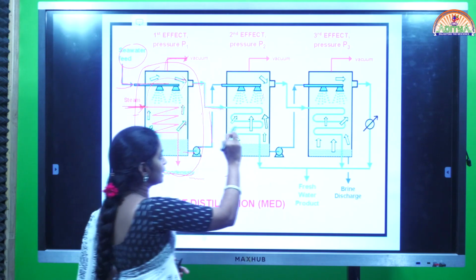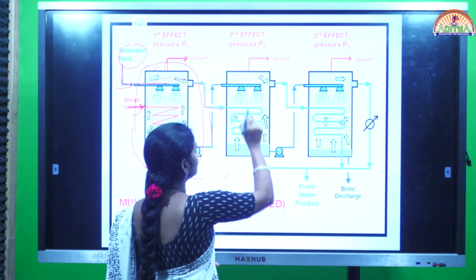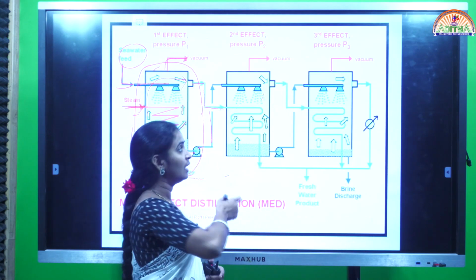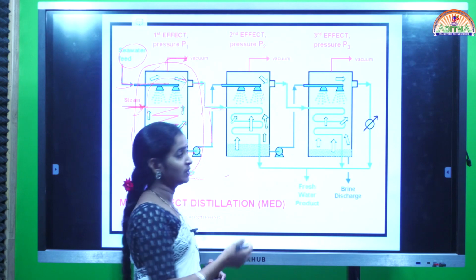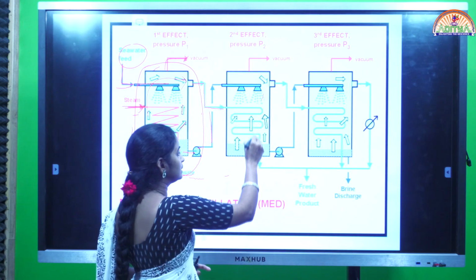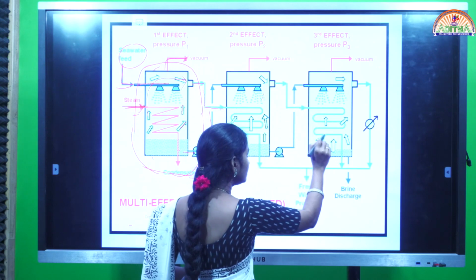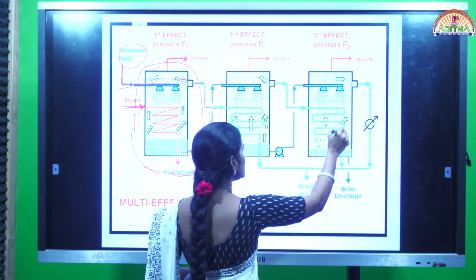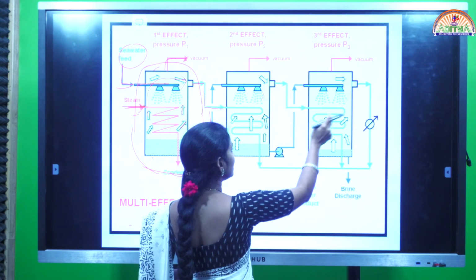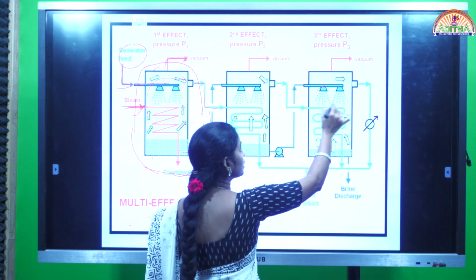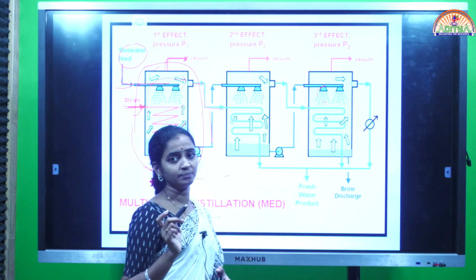Now in this second still, the potable water undergoes boiling and also forms steam. From the second still, the steam will be passed into the third still, and again the steam which came from the second still acts as the heating source, and here also the potable water will get boiled.